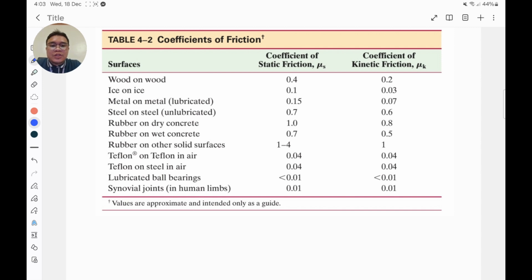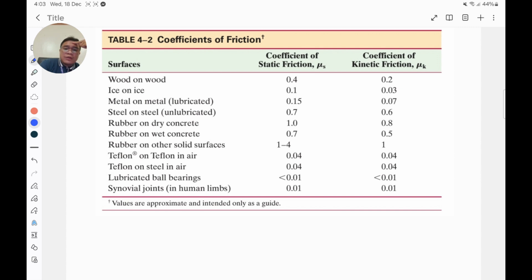Okay, and there are well-known coefficients of static friction and kinetic friction for different known materials here, so you can just check it out. And what we can also somewhat derive from the coefficient of static friction is that the higher the value of your static friction, the rougher the surface gets.